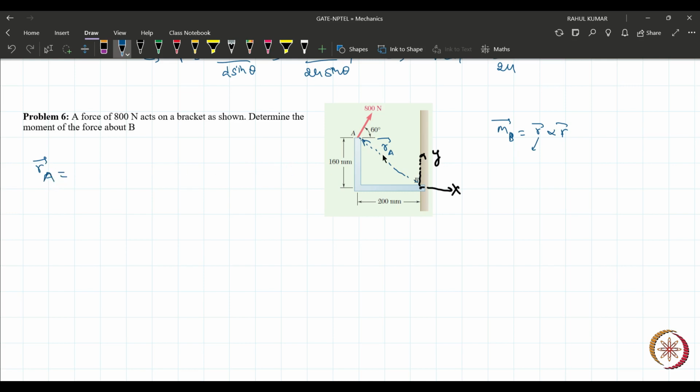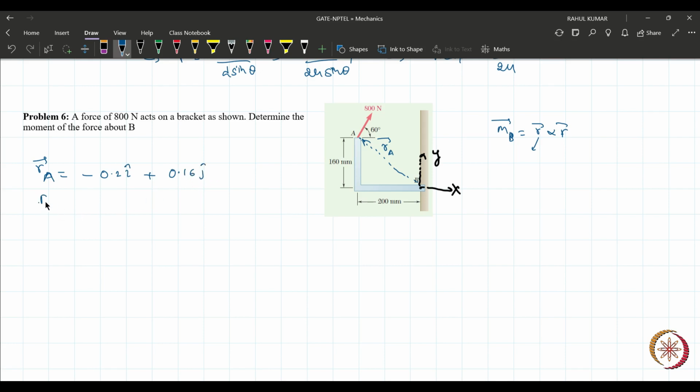RA is nothing but minus 0.2, because here this horizontal distance is in the negative x direction. So minus 0.2 I cap, plus, and what is the vertical distance? 160 mm, so that is 0.16 j cap. Am I right?